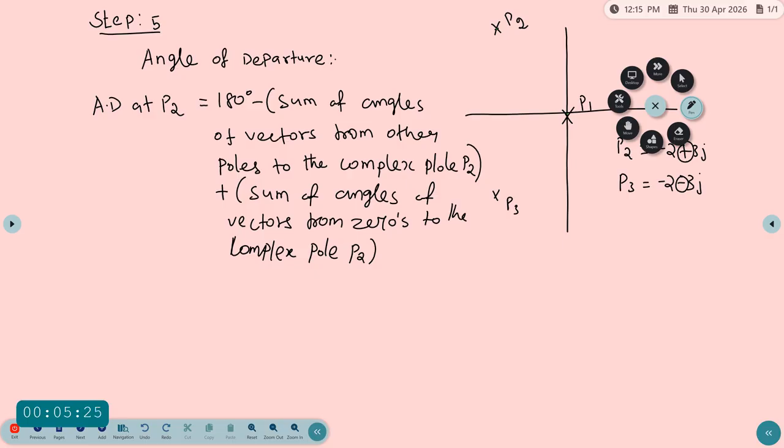How are we going to add? Let us assume we have a dashed line. This angle represents the angle between P1 and P2; let us call it theta 1.